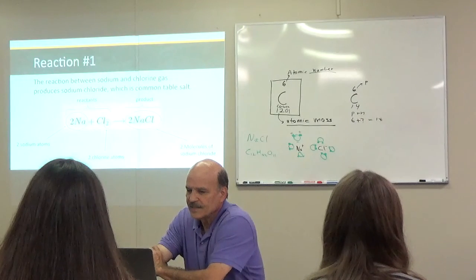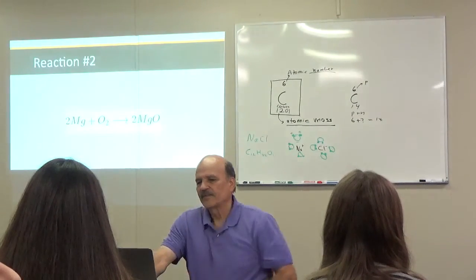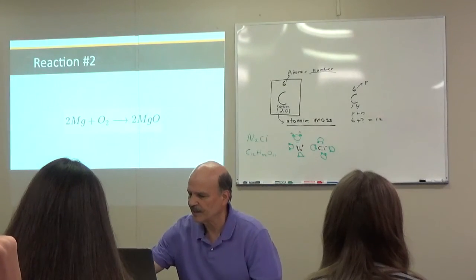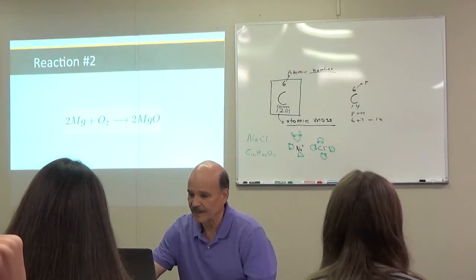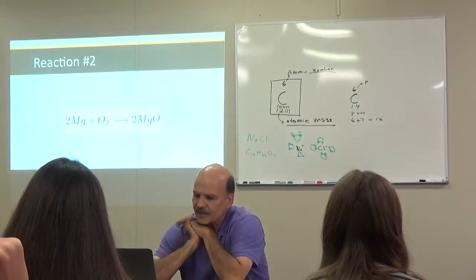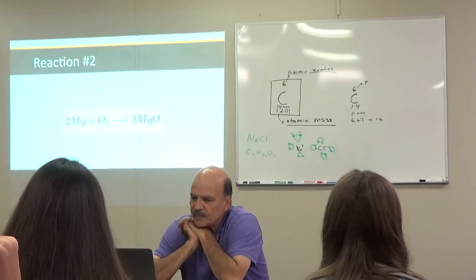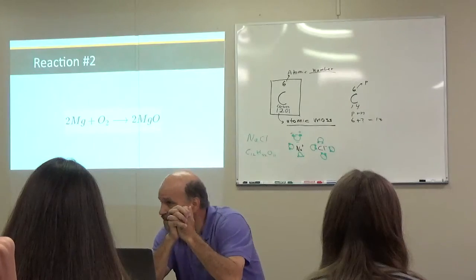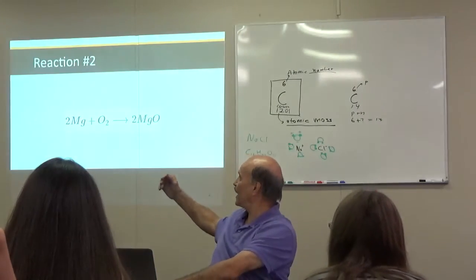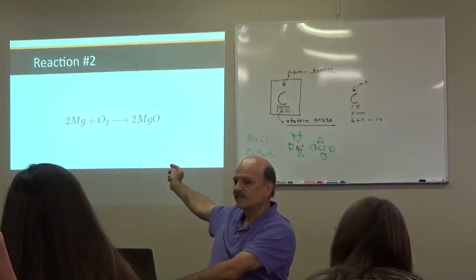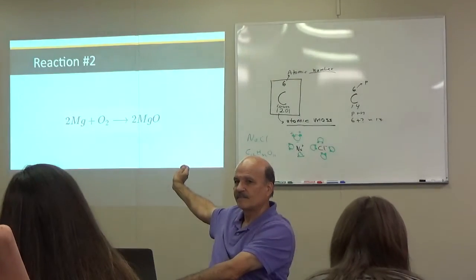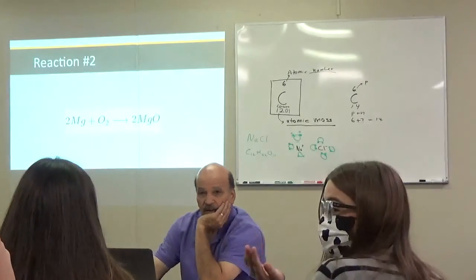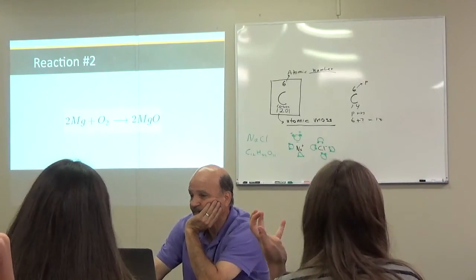See how that works? Now, same thing with this. You have magnesium and oxygen forming magnesium oxide. How many atoms of magnesium react with 1 molecule of oxygen? 2. Okay. And it forms how many molecules of magnesium oxide? 2.